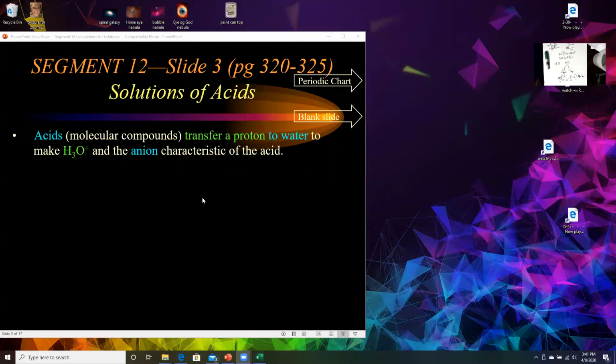And that happens whenever you put any kind of acid into water. Okay, so this is the example I just showed you a moment ago. Now you notice this arrow just points in one direction, which means that this goes to completion in this molecule. If I put 1 mole of HCl into water and stir it up and mix it, I won't have any HCl at all in the water.